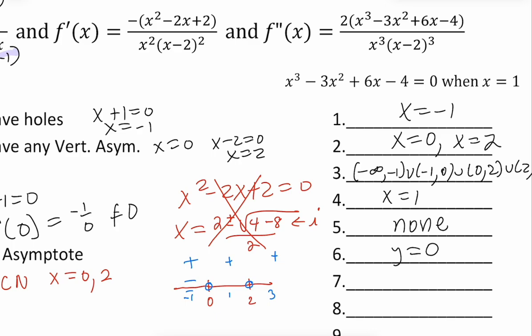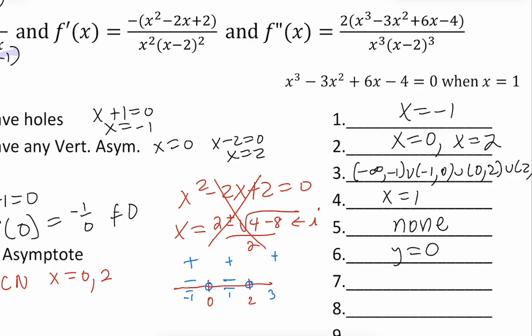The bottom, if we plug in 1, we get 1 minus 2 plus 2, and the opposite of that, I believe it is a negative. We get negative 1, so that's a negative. So that's decreasing.